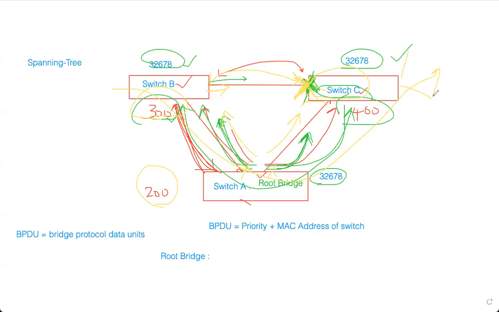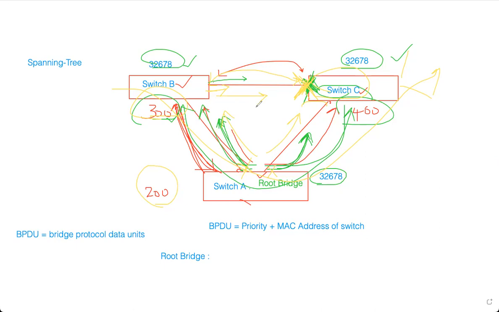There are different methods to bypass that, but we'll talk about them when we talk about the flavors of spanning tree. This is the first version of spanning tree, which does not have any advanced features. When we talk about per VLAN spanning tree, we will discuss how we can use this link as well. Okay, extra links, got it, sir.